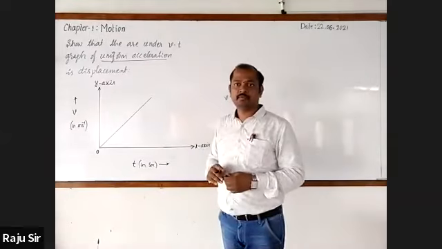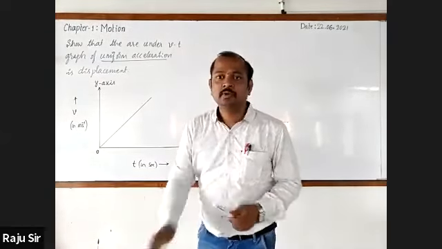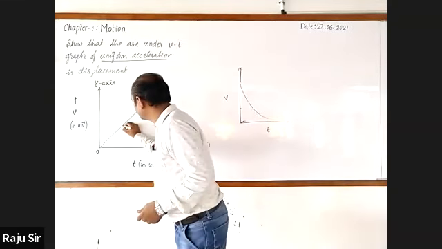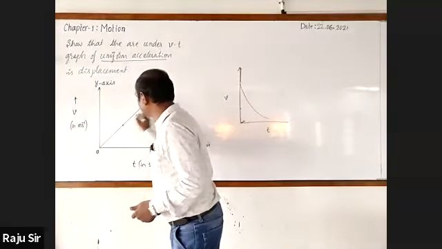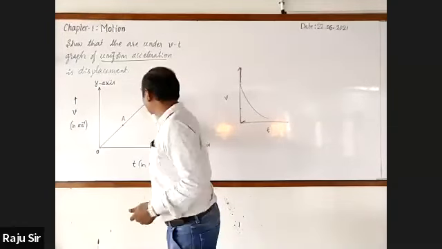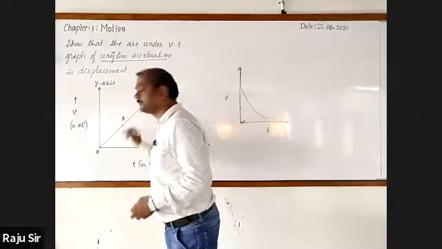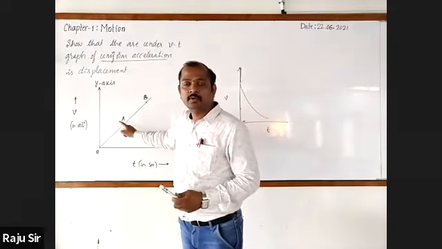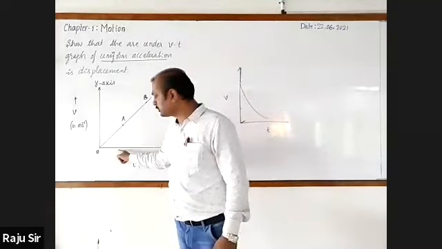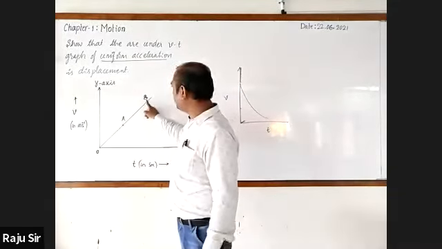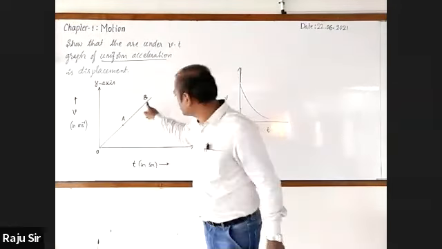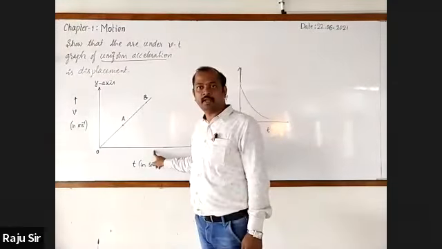This is the graph. Now I'm going to select a part of it. This is point A and this is point B, where point A represents initial velocity with respect to some time, and point B represents final velocity with respect to some time, right?